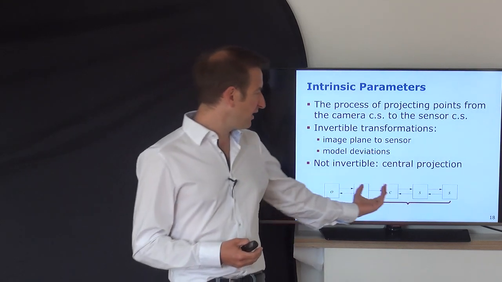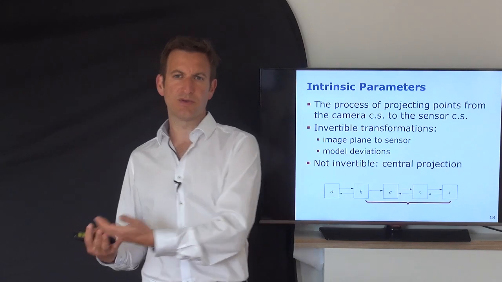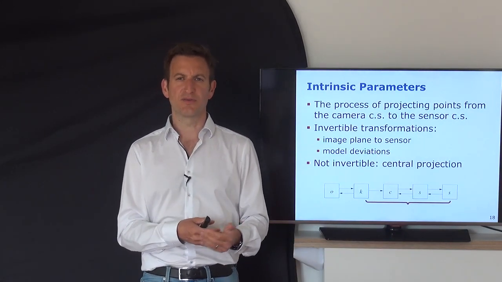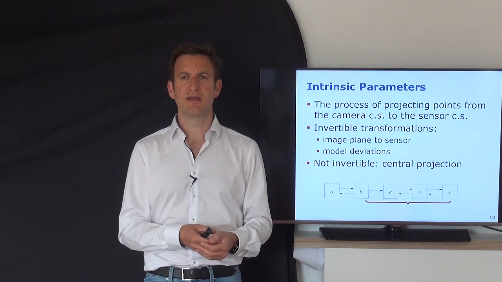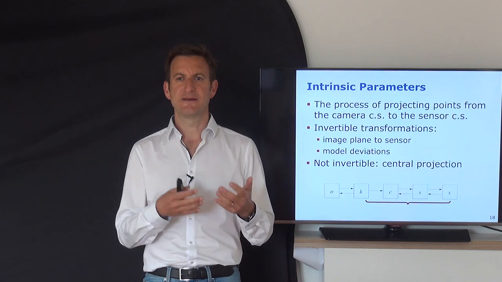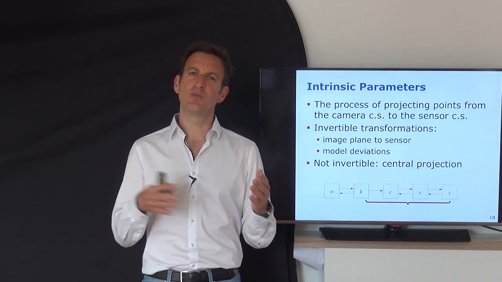So what happens inside the camera is actually a projection from the 3D world into the 2D world, so onto our image plane. And at that point in time, there's a projection involved. And the central projection is not invertible because we basically lose one degree of freedom.